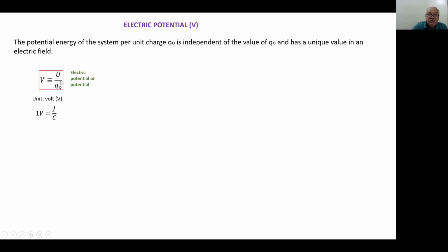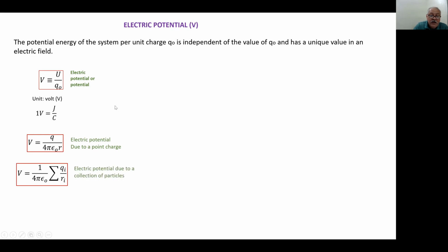Correct? 1 joule divided by 1 coulomb is 1 volt. Again, when we substitute the values for the electric potential energy, we get that the electric potential is just the charge divided by 4 pi epsilon naught times R. Correct? This is the electric potential due to a point charge. This formula is for point charges.